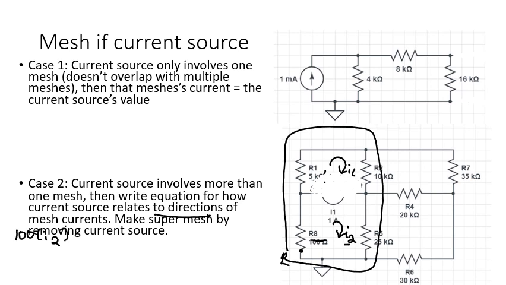So 100 times I2, now I come up and I hit my 5 kilo ohm resistor. That's 5,000 onto I1. That's just I1, right? Okay. And then I had 10,000 onto I1. This guy was I3. This guy was I4.